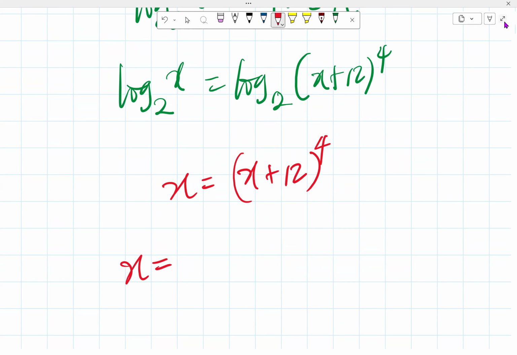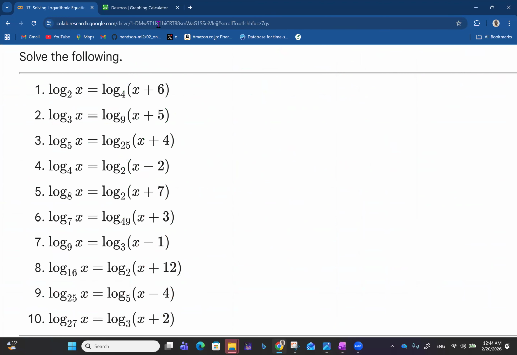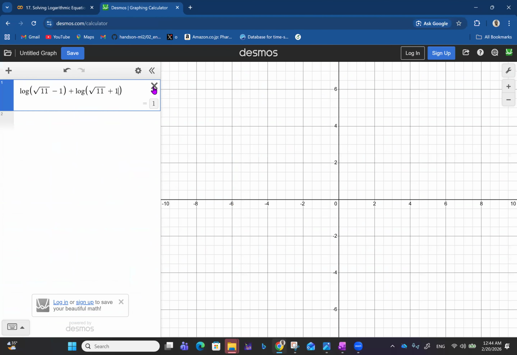Normally I should expand it and start solving, but I'll just say x equals x plus 12 raised to power 4 on Desmos. Let's do that. So we know that x is equal to x plus 12 raised to power 4.